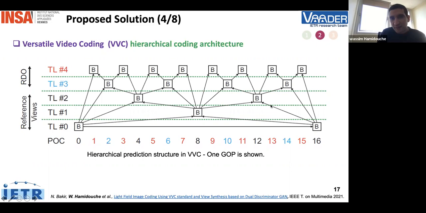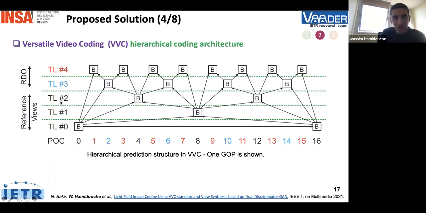The arrows represent the prediction performed between the views. We can see that the reference views do not depend on the no reference views. So we can discard all these no reference views without impacting the decoding of the reference views, because they are encoded at a lower temporal level.